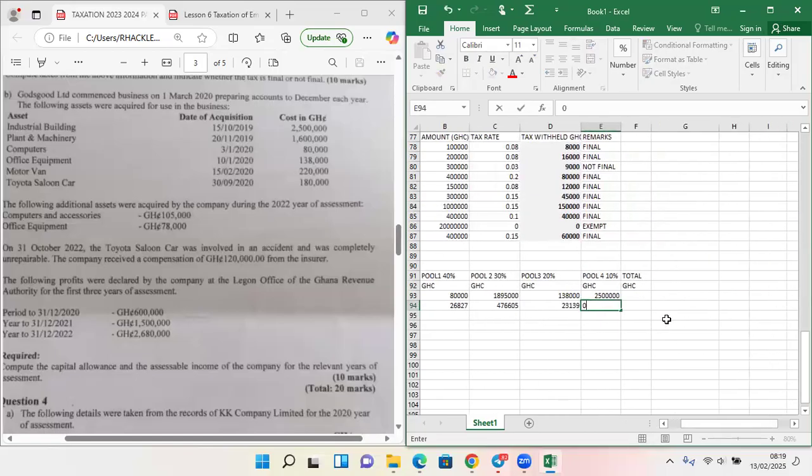This one is going to be 0.1 times 2.5 million times 306 over 365.